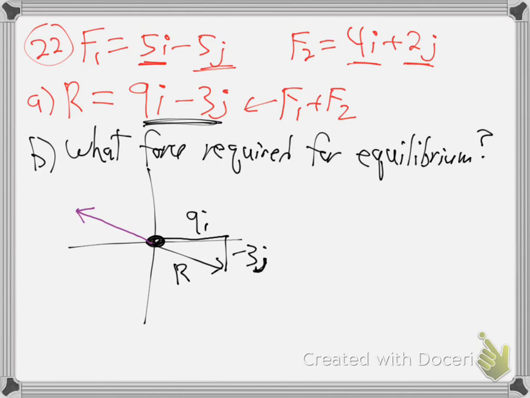Like why is this computer screen right here right now, why is it not moving? Well, because it's in equilibrium, which means there's forces acting on it right now. It weighs something, right? And gravity is pulling down on its weight. The earth is pulling down on this screen, wanting it to go down.